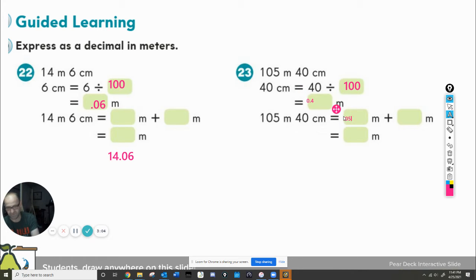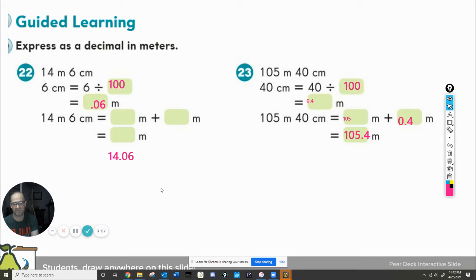So we have 105 and 4 tenths, and your answer is going to be 105 and 4 tenths of a meter. Beautiful. I feel like I could be explaining these more, but you can pause and read and just do that too. Plus, this is 6th grade standard, so let's not get bogged down in the weeds here.